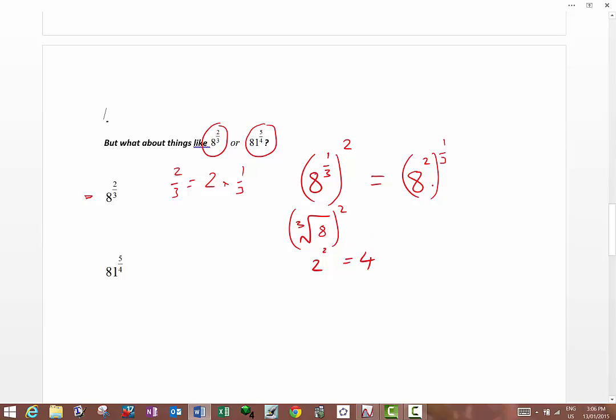On the other hand, we can think of the right hand side. 8 squared is 64, and 64 to the third means the cube root of 64, and that also is equal to 4. So it doesn't matter whether you take the root first, then raise to the power, or raise to the power first, then take the root.